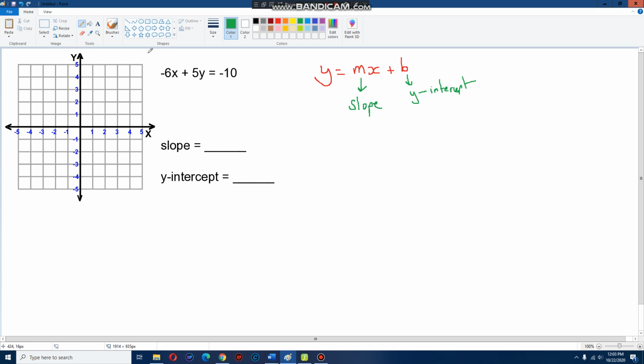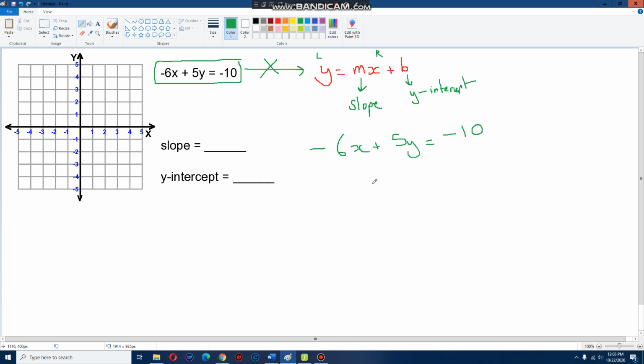So first things first, as you can see, this equation has not been set up in this manner, so we're going to have to do that. Y goes on the left side, everything else will go on the right side. So let's bring that equation down: minus 6x plus 5y equals minus 10.